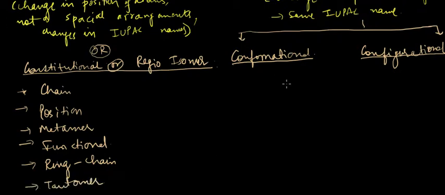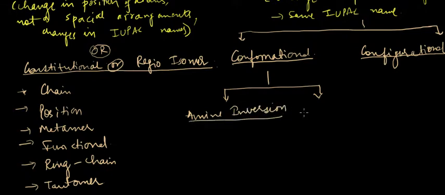Okay, and in conformational we can divide it into two sub branches. We have amine inversion and we have rotation across sigma bond.